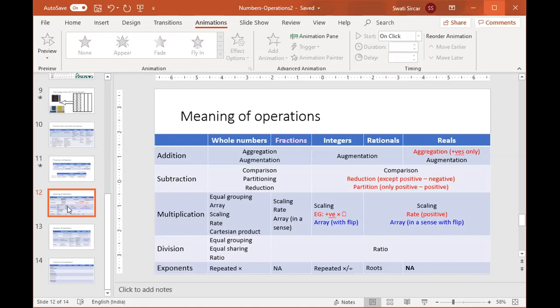So barring those, I would like you to come up with problems. That's a very important homework on word problems.